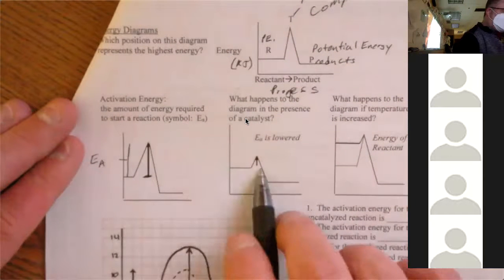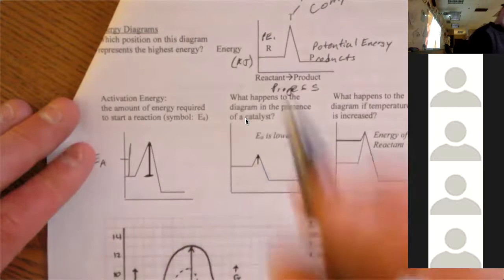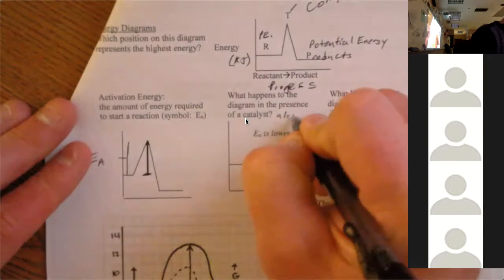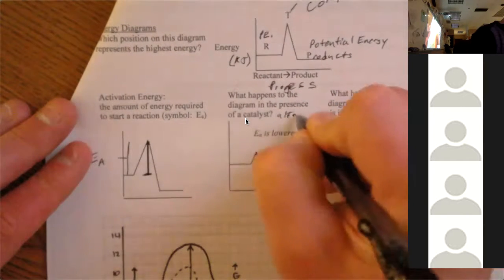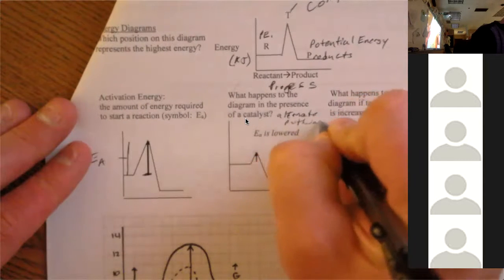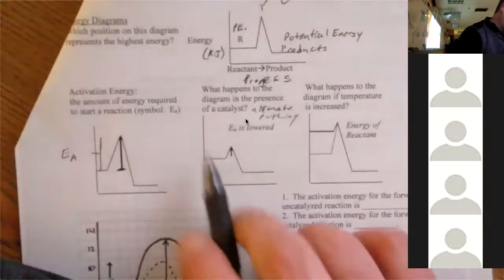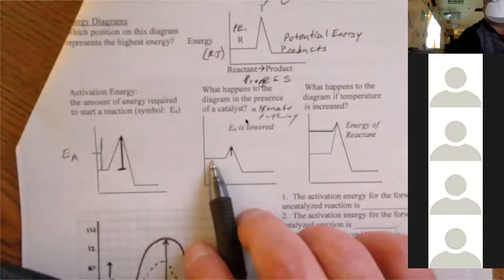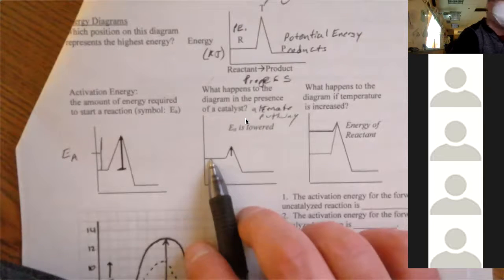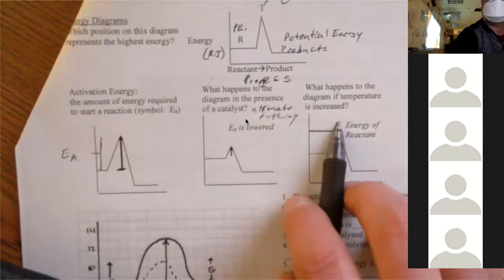If we use a catalyst, this is lowered because of an alternate pathway. If we raise the temperature, that's going to raise this initial energy, the potential energy of the reactants, so that may get them closer to that energy of activation. They can get that.